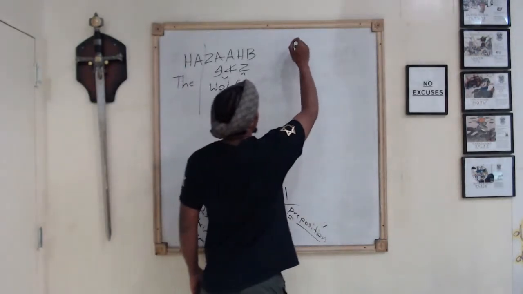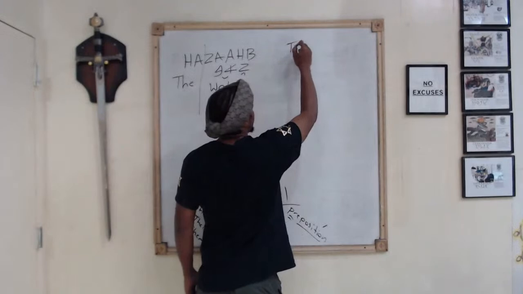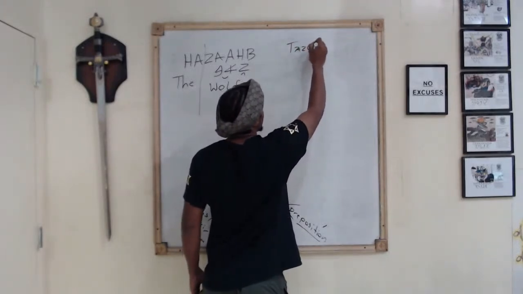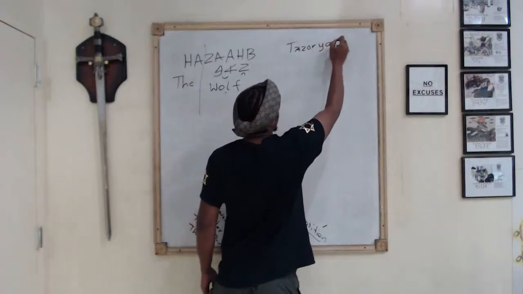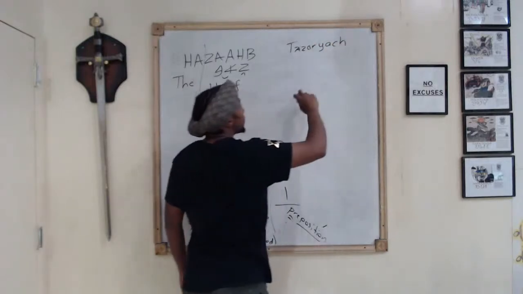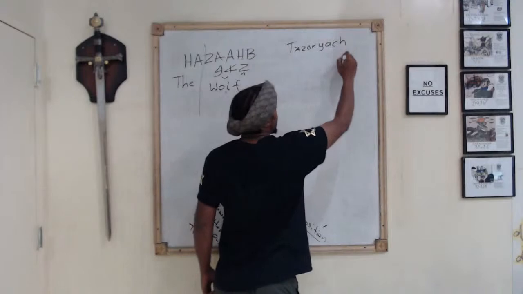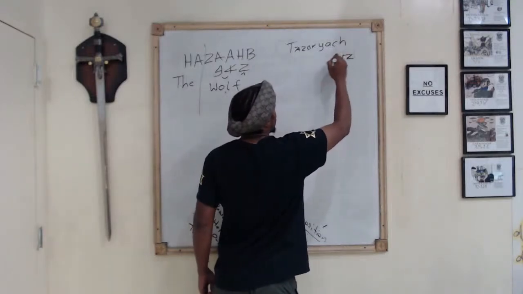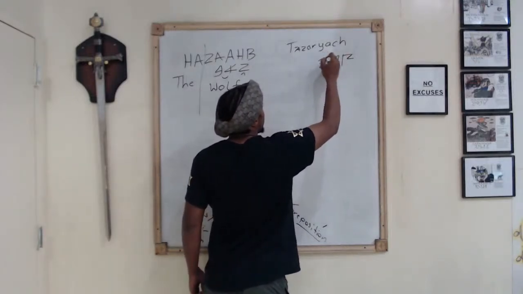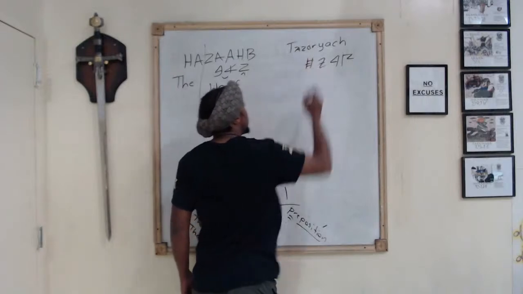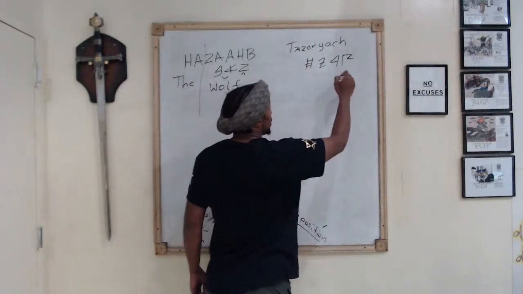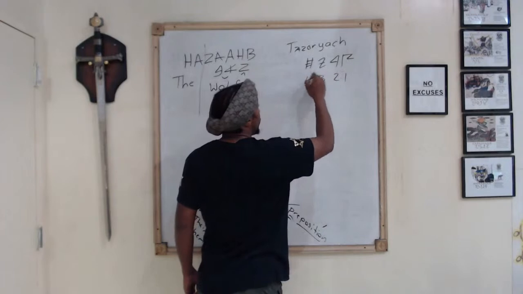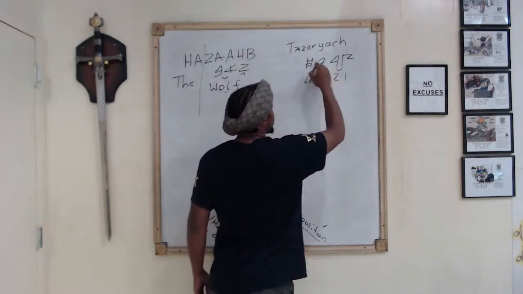Let's get Captain Tazaryah, okay? Now recognize Tazaryah. This word has 1, 2, 3, 4 Hebrew characters.